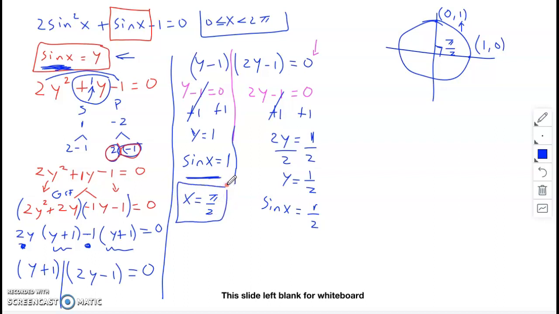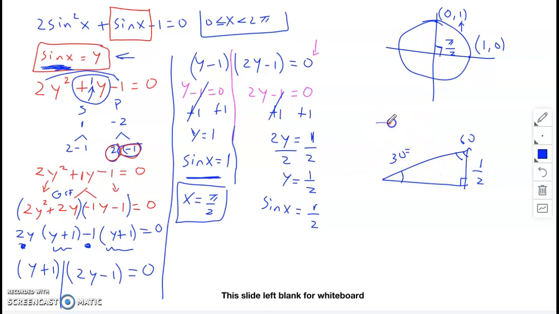We got to do the same thing for the second one, where my sine is equal to 1/2. I got to go back to my special right triangles. This is a 30, 60, 90 triangle. Opposite to the 30 is 1/2. So sine is opposite. Therefore my angle is going to be 30.